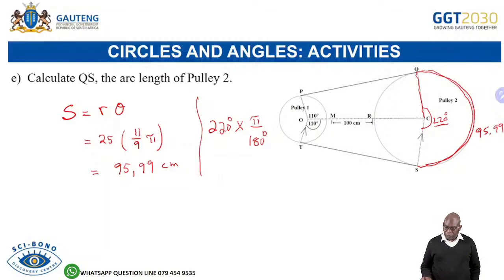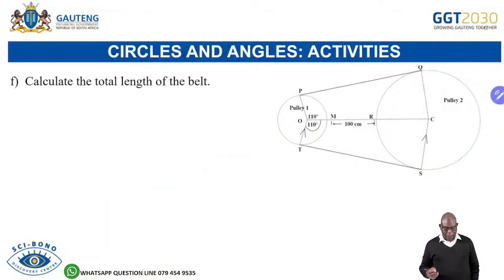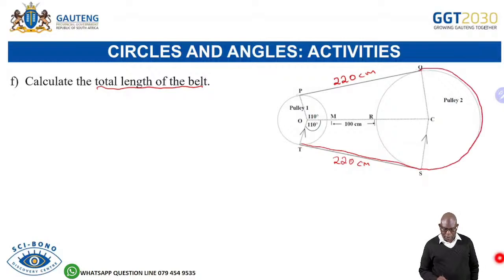Okay. Then the next question says calculate the total length of the belt. That should be easy now, because I have this one given as 220 centimeters. Remember, this is the belt. So the belt comes here, from there it goes around, then it comes there, then it goes around the pulley.